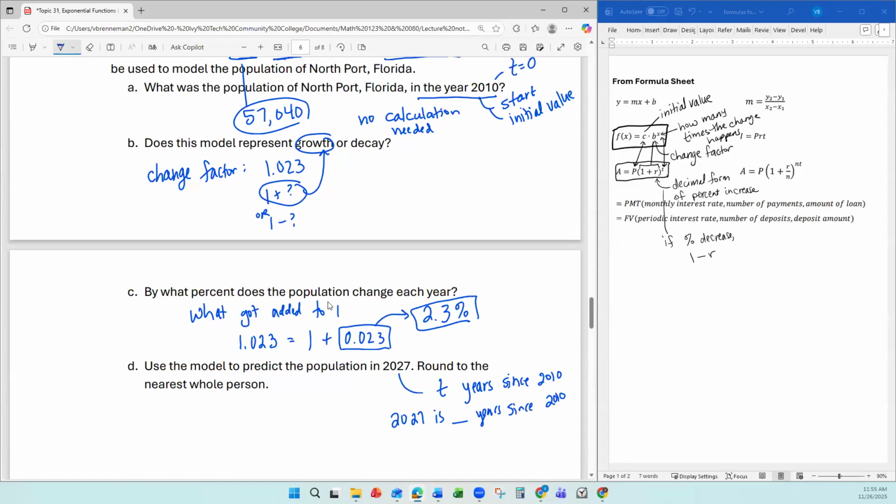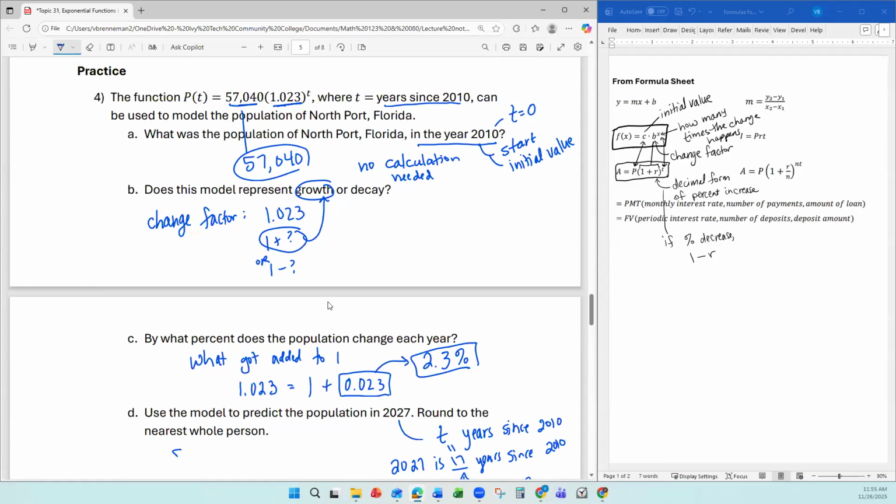You can do a subtraction if you need to. 2027 minus 2010 is 17. So you get t equals 17. So plugging in 17 for t, 57,040 times 1.023 to the 17th power.